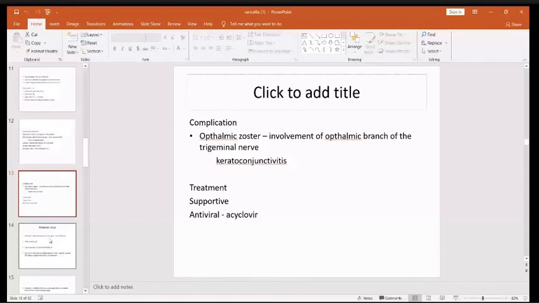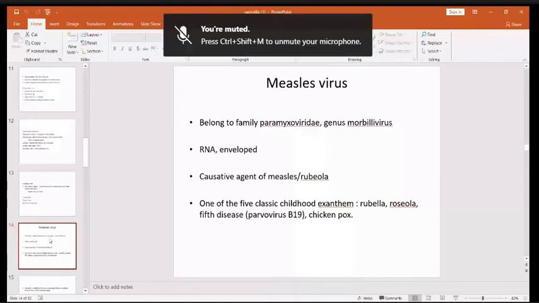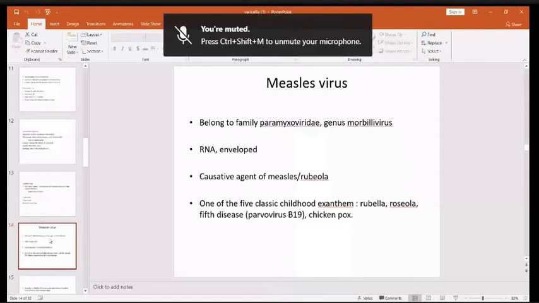Okay, so that was about chickenpox and shingles caused by varicella zoster virus. Another common viral infection that is associated with skin lesions is the measles virus. The presentation is rashes, mainly macular or maculopapular rashes.